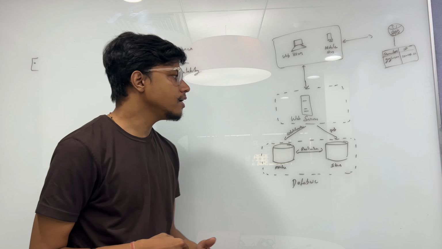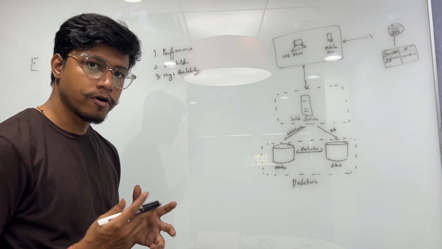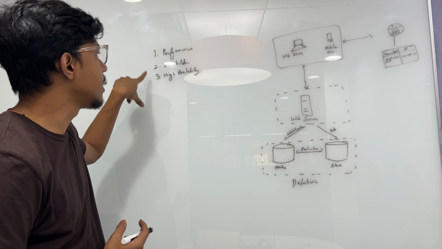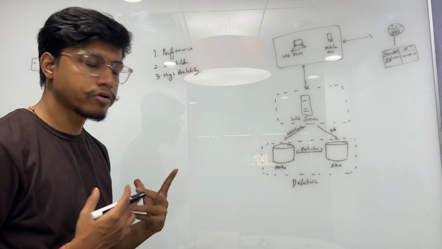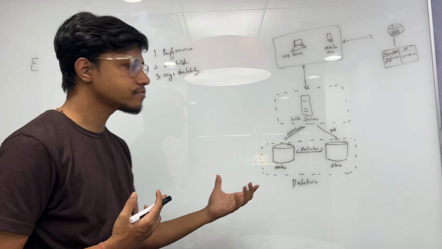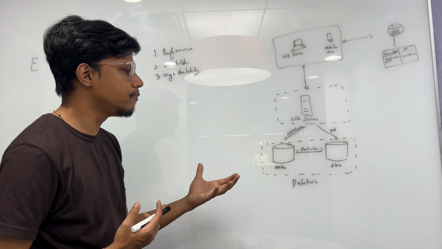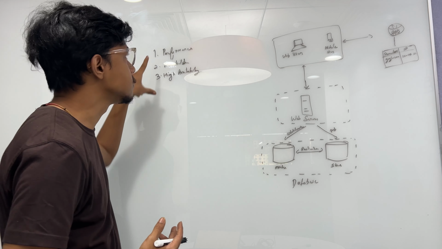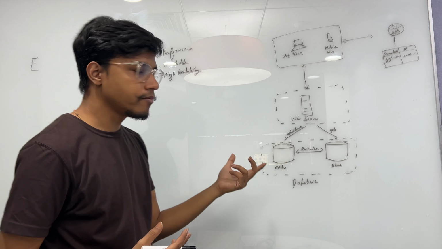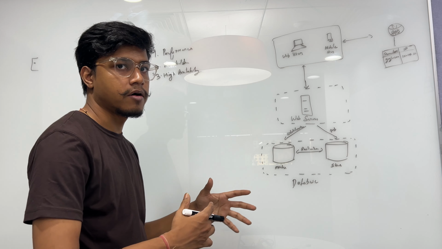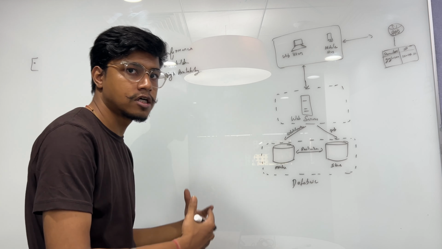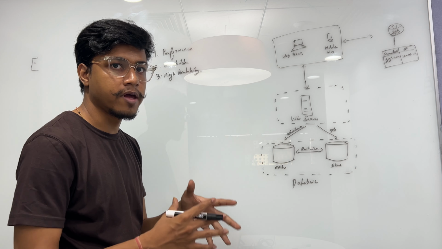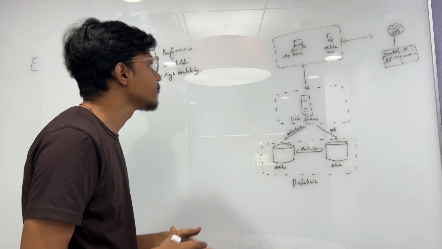So in my last video, when we were talking about database replication, you might have heard about these terms: performance, reliability and high availability. I was talking about how database replication can be very helpful to manage these properties, because having multiple copies of a single database means we don't have to route all of the requests into a single database instance, and we can save it from being overwhelmed and going down.